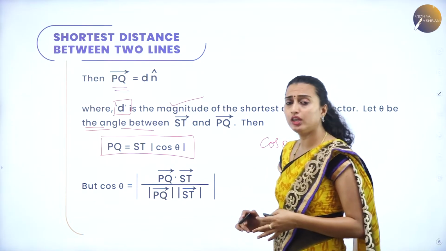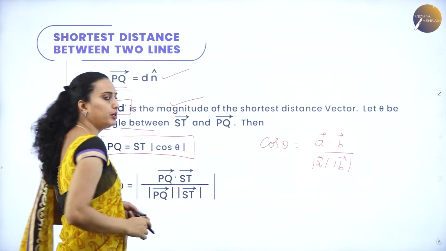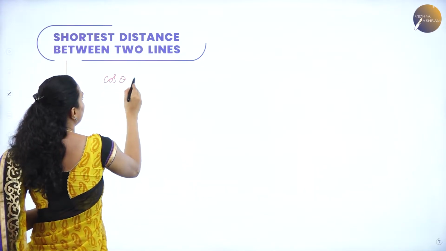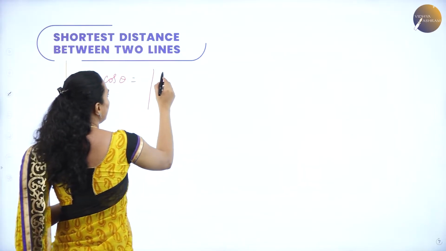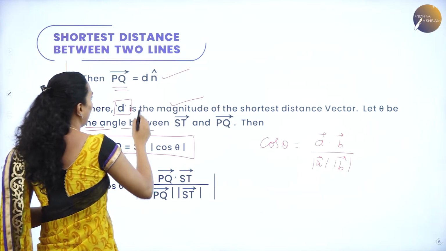Here you can observe that I am going to substitute the value of PQ, which is D into n cap. So cos theta is equal to magnitude of D into n cap dot ST.